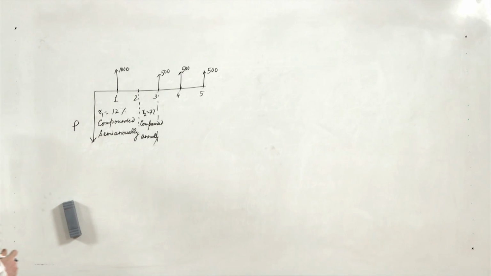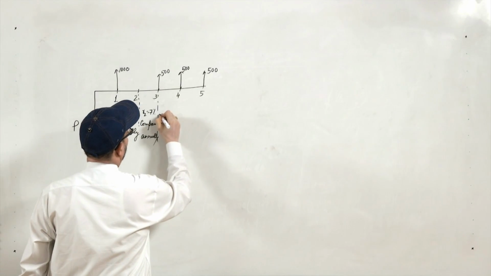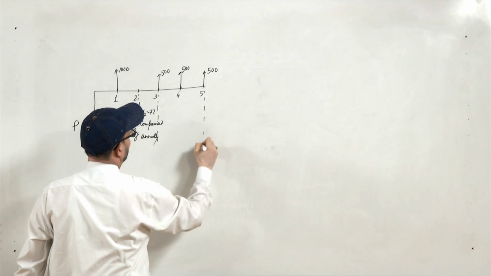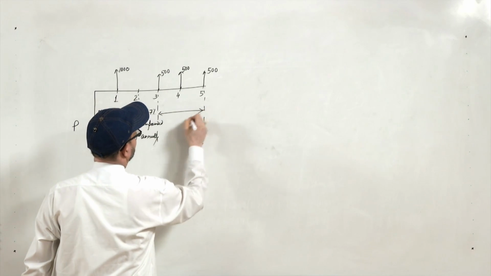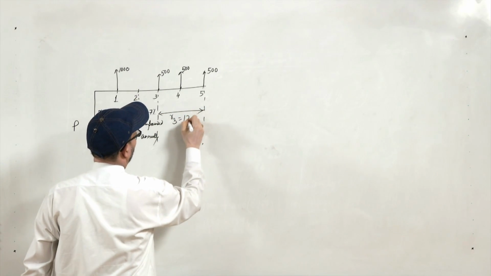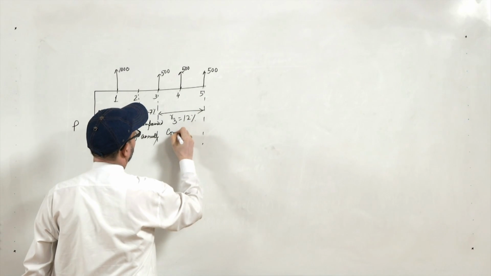Then between 3 and 5, R3 is 12% compounded annually.